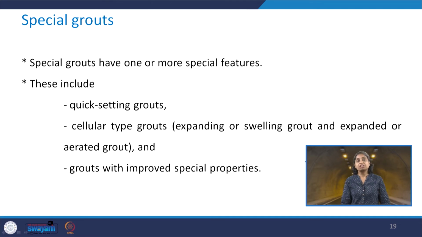Coming to some of the special grouts, these have one or more special features such as quick setting grouts. Then we have the cellular type grouts. In this case, these are expanding or swelling grout and expanded or aerated grout.